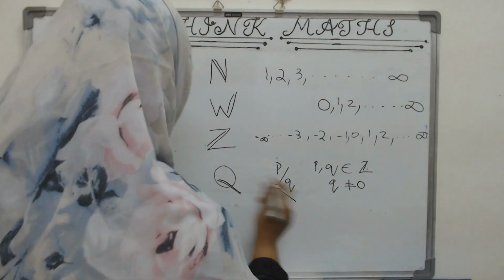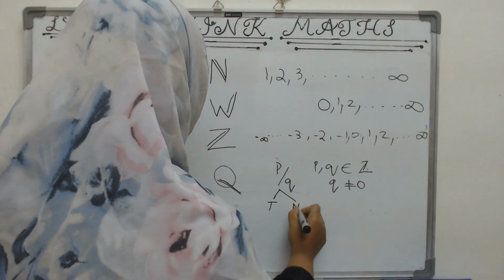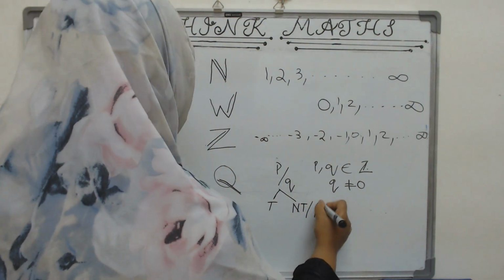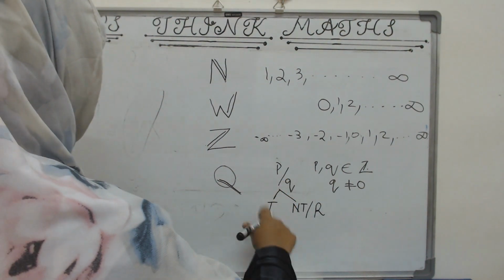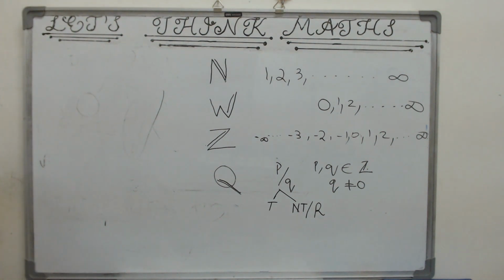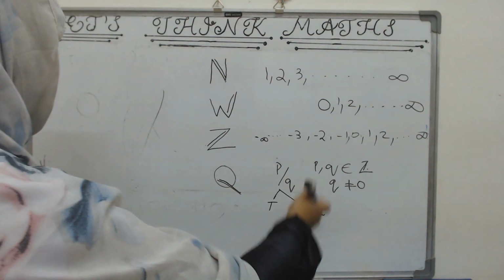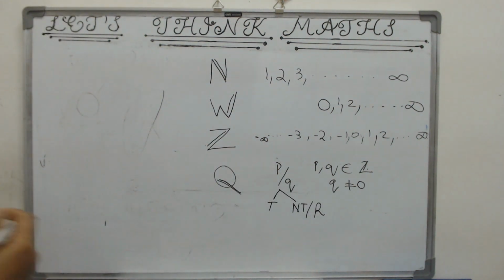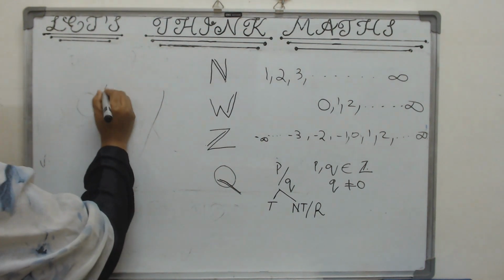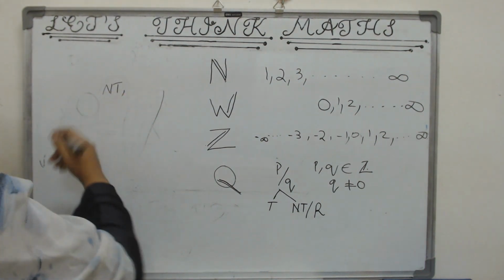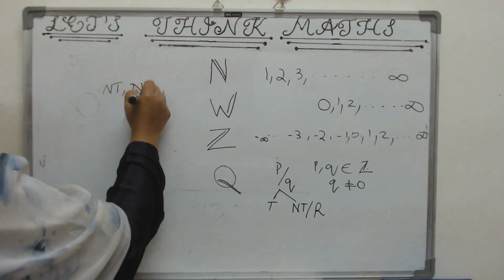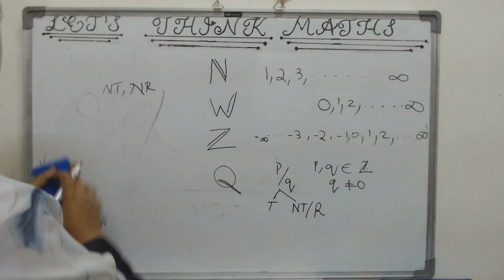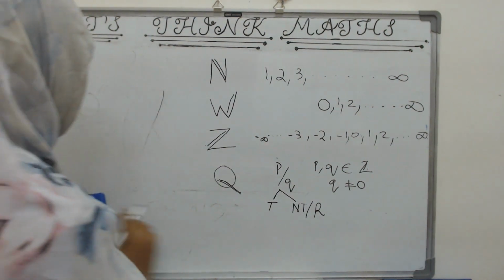Either it terminates, or if it does not terminate, no problem, it is recurring. So the rational numbers have only these kinds of decimal expansions. So we need another set, a bigger set, which includes all the rational numbers and also the irrational numbers, or in other words, irrational numbers are numbers whose decimal expansions will be neither terminating nor recurring.